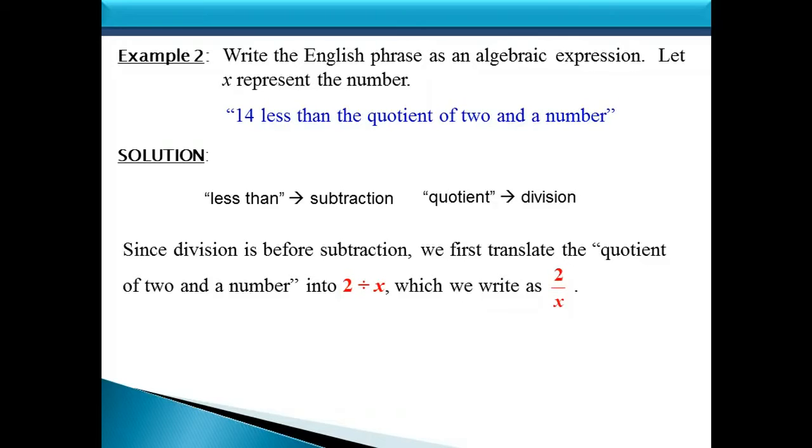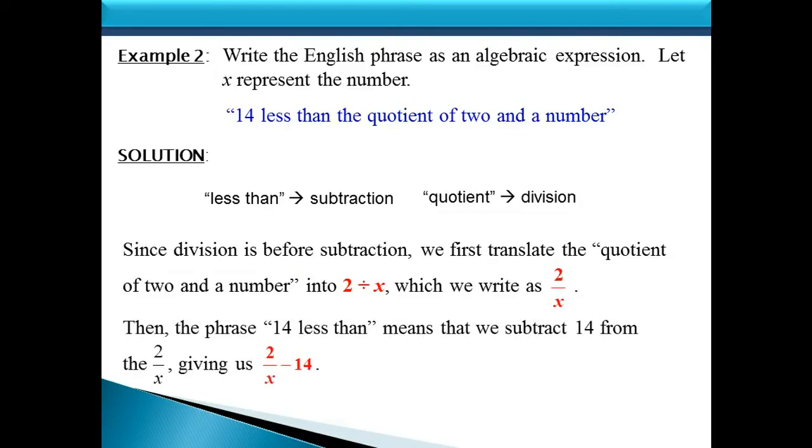We rarely use that division symbol that you learned in elementary school. So we would write that as 2 and then a fraction bar over x. Then the phrase 14 less than means that we're subtracting 14 from what we have so far, which is 2 over x. So that gives us 2 over x minus 14.